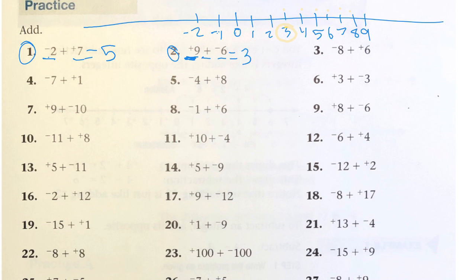All right, let's try one more for our practice. We're starting at -8. So there's 3, 4, 5, 6, 7, 8. -8 is right there. Now we're going to add +6 to that.